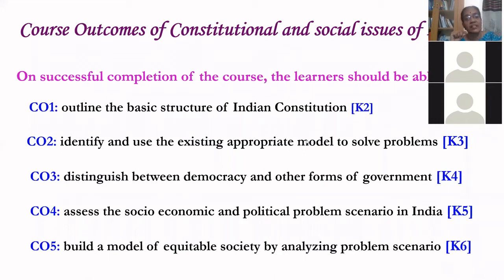And second one is identify and use the existing appropriate model to solve problems, that is K3, and distinguish between democracy and other forms of governments, that is K3, sorry, K4, and assess the socio-economic and political problem scenario in India, that is K5. Build a model of equitable society by analyzing the problem scenario, that is K6.